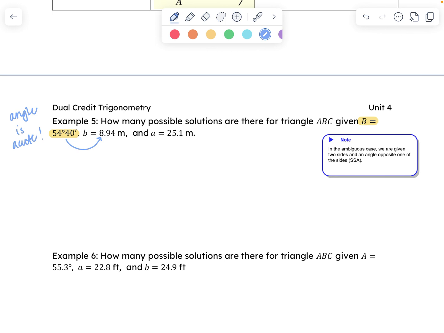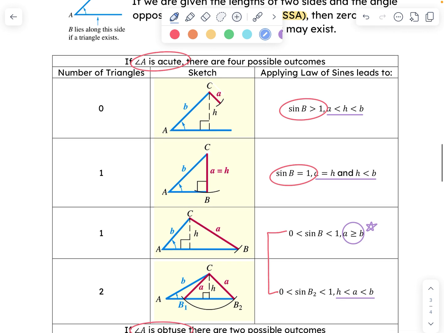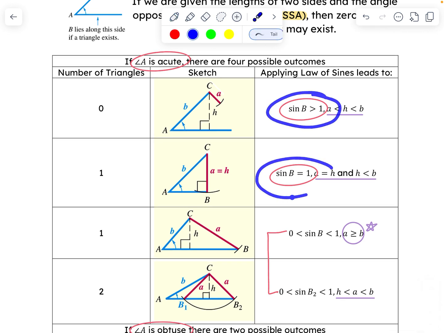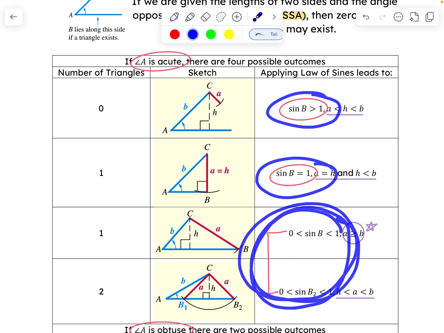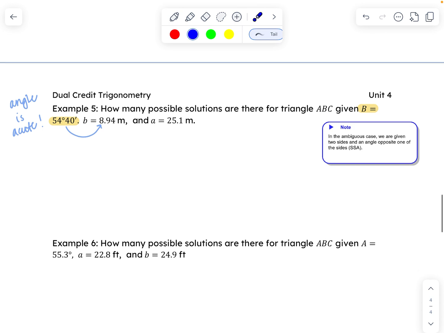So what I'm going to do is find the sine of the missing angle, and see if it falls into, is it greater than 1, is it equal to 1, or is it between 0 and 1? And then that's going to tell me 0, 1, or 2 triangles. So I'm going to set that up.